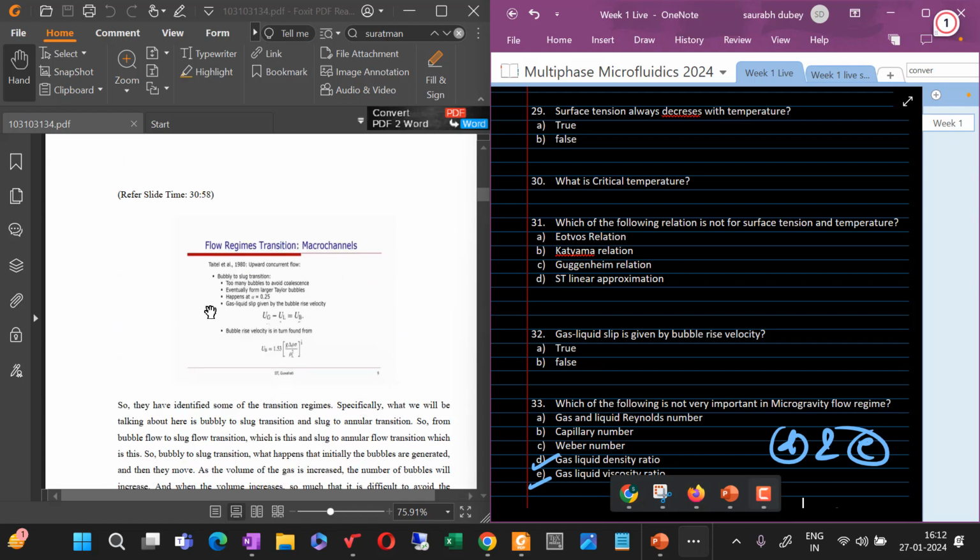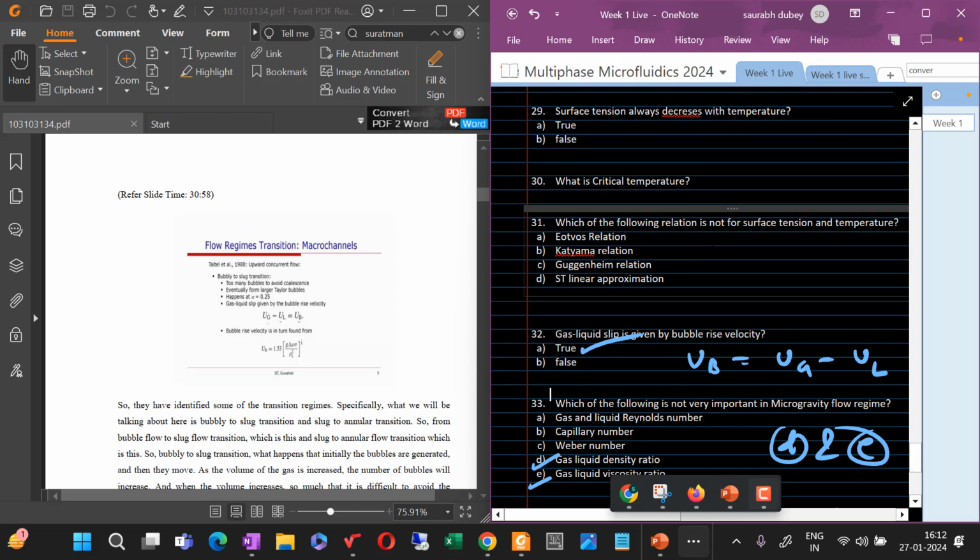Here you see the gas liquid slip is given by the bubble rise velocity, and the bubble rise velocity is Ug, gas velocity minus liquid velocity. So the statement is correct. True. Okay.